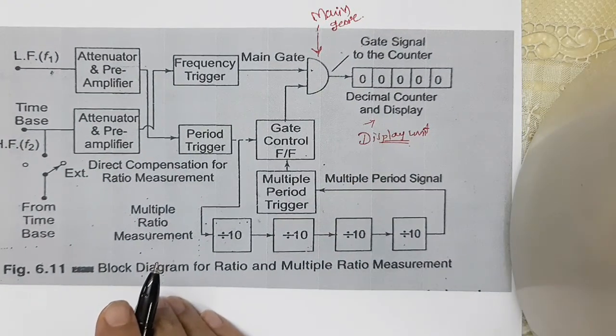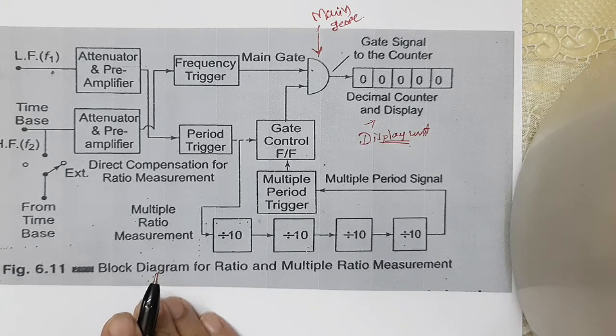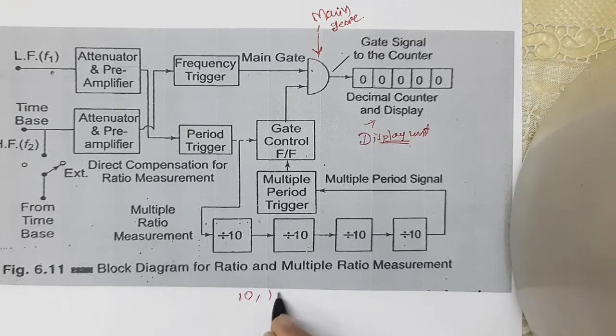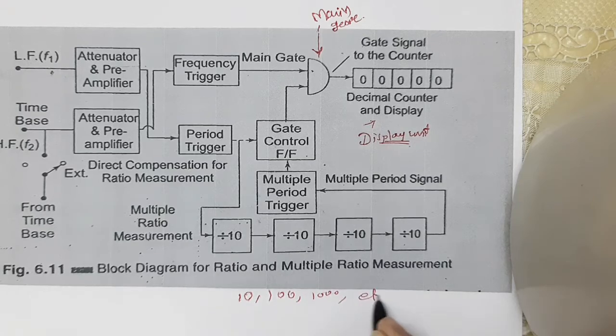In multiple ratio measurements, the period of low frequency signal is extended by a factor of 10, 100, 1000, like this.